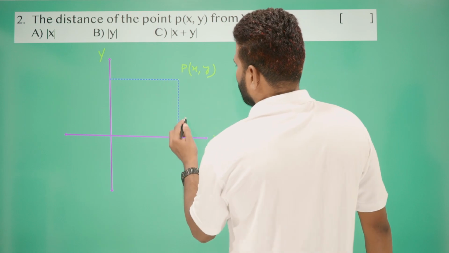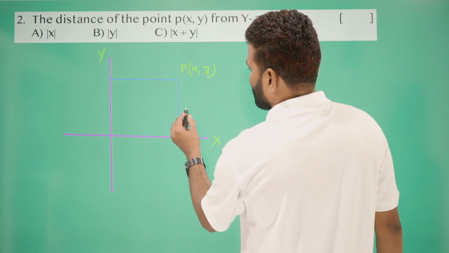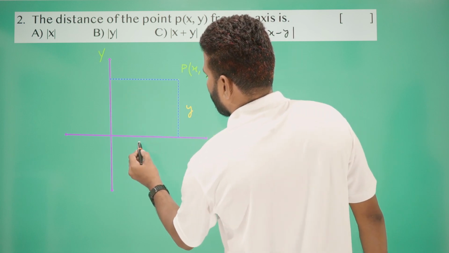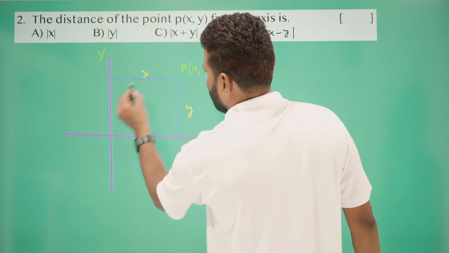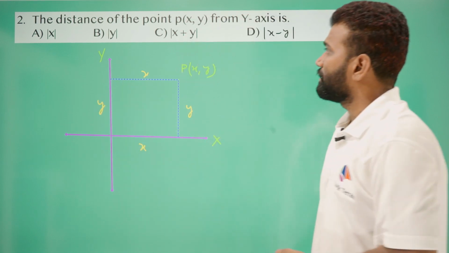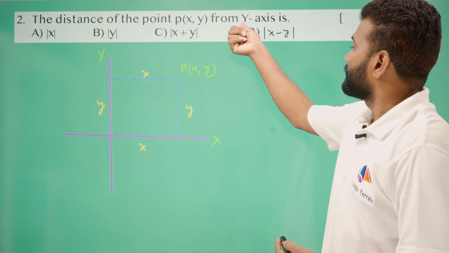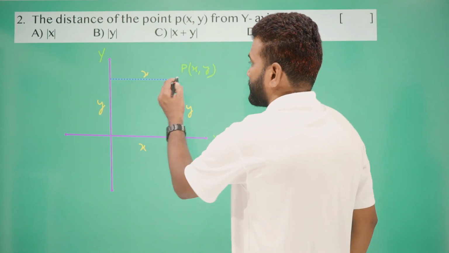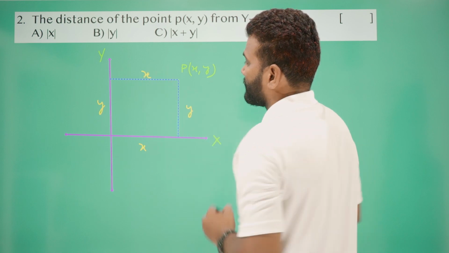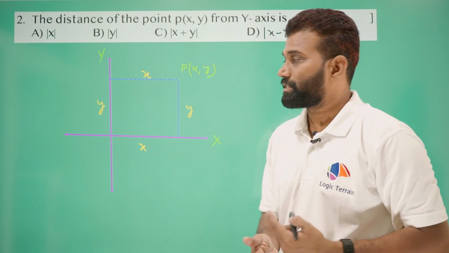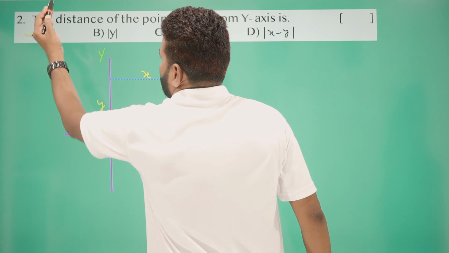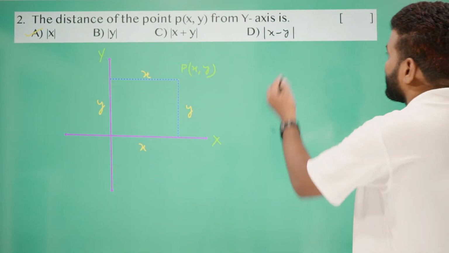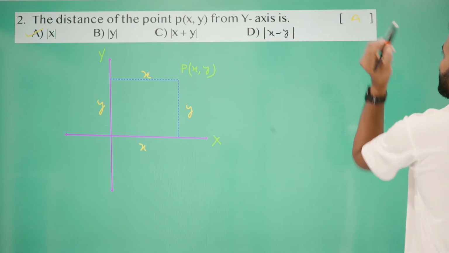So here the length is y, here the length is x units. So this is x, this is y. Now we need to find the distance of this point from y axis. So from y axis the distance is x. So since distance is positive, the distance is positive x, that is modulus of x. The correct option is A.